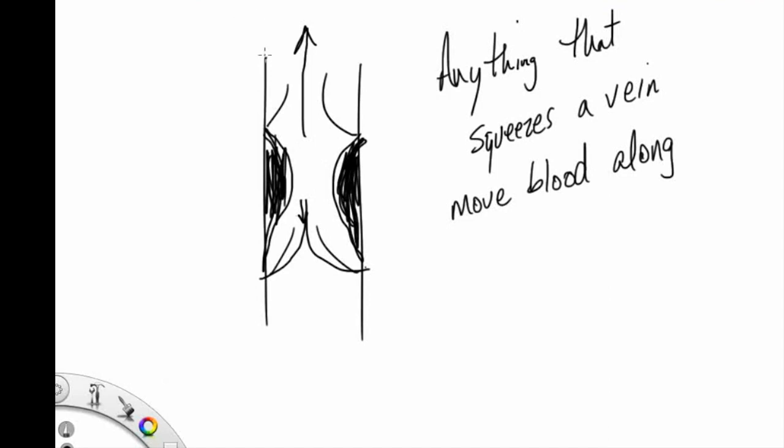Hey, what kind of things in the body naturally squeeze veins? The number one is muscle contraction. Have you ever heard that moving, exercise, is good for your heart? You ever heard that exercise is good for your circulation?